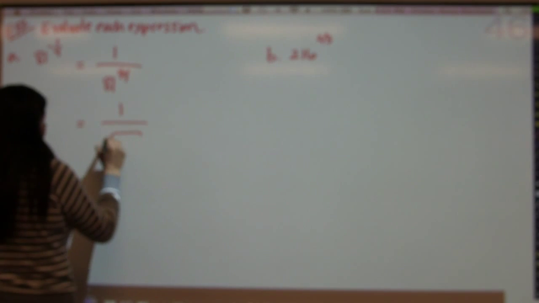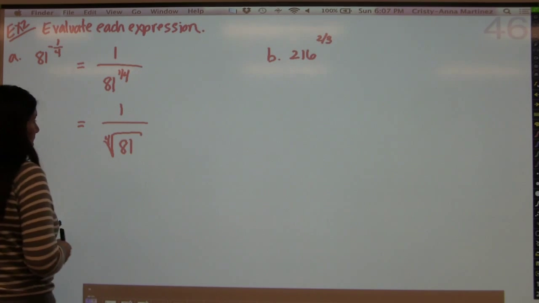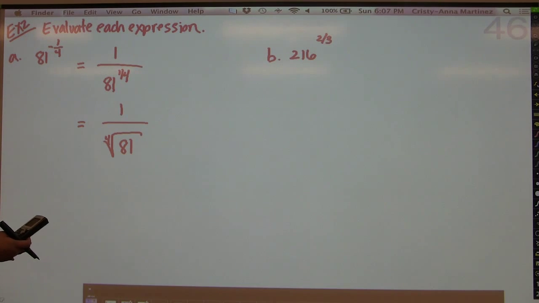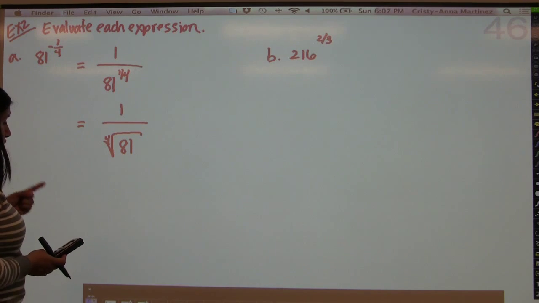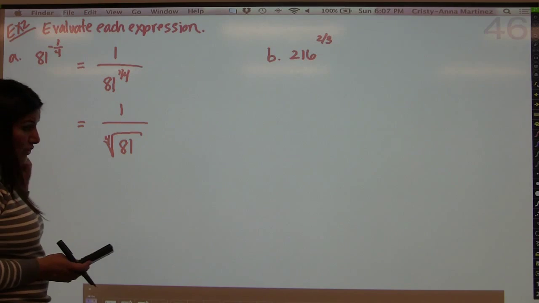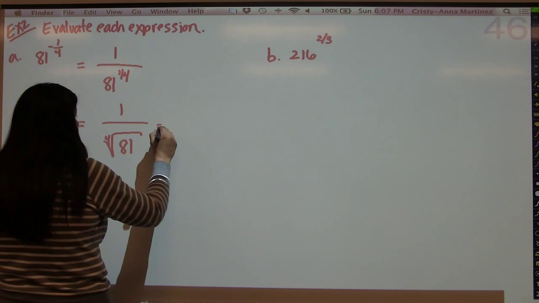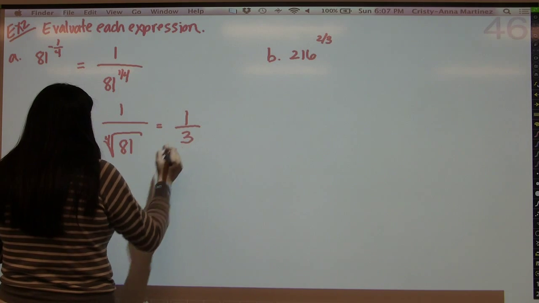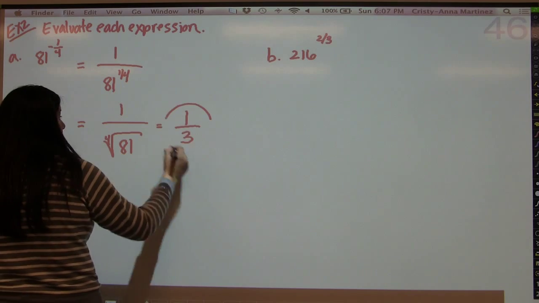So it would be 1 over, and this would be a 4 because that's on the bottom, the 4th root of 81. So we're looking for something raised to the 4th power that would give us 81, and that number would be 3, because 3 times 3 is 9, and 9 times 3 is 27, and 27 times 3 is 81. So in the end, the 4th root of 81 is 3, so the answer is 1/3.